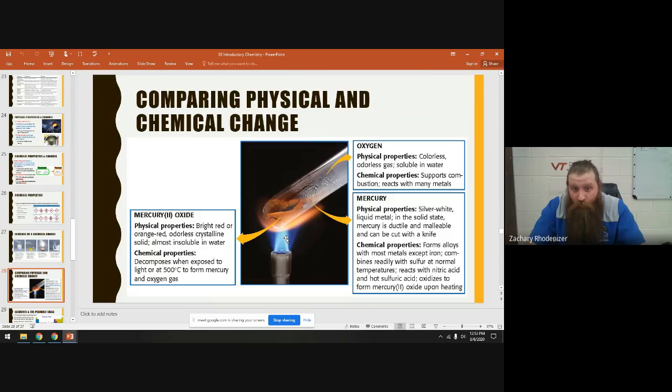I don't know why in the world they put it on the front of a textbook, because you're heating mercury oxide in an open test tube. It's producing oxygen gas, which is flammable, and you're being left with elemental mercury, which is a toxin, in the bottom. So not really sure why in the world they were putting that on the front of a textbook, but it's a good example of being able to spot chemical changes occurring right there, just using your observational skills.